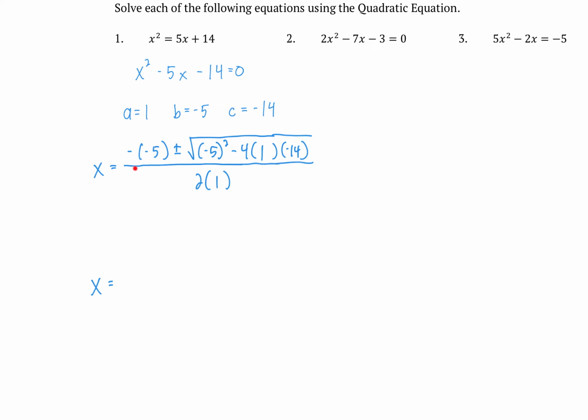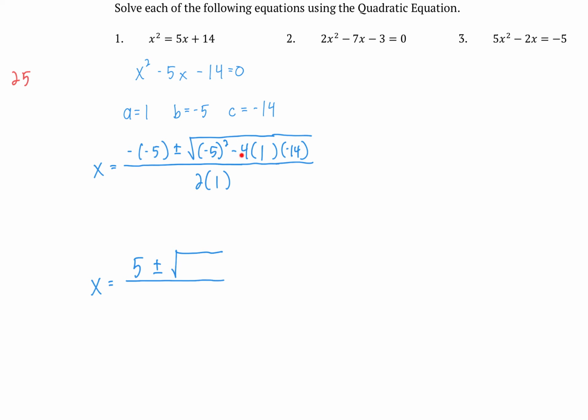Okay, negative, negative 5. When you have 2 negatives, that makes a positive. Plus minus has to come next. Okay, square root. So this is 25. 5 squared is 25, and we can even do some scratch work off to the side. That's 25.